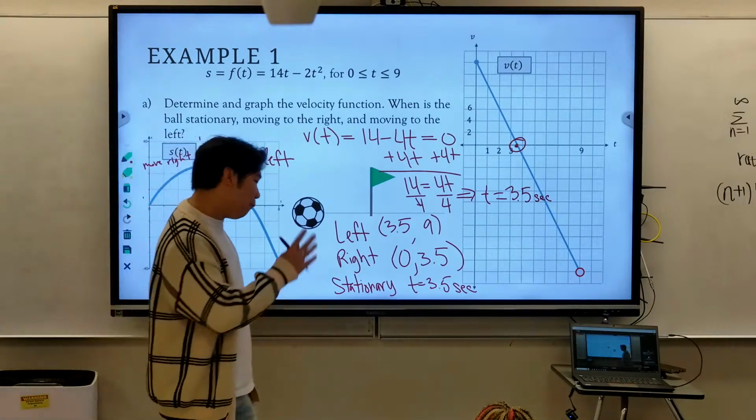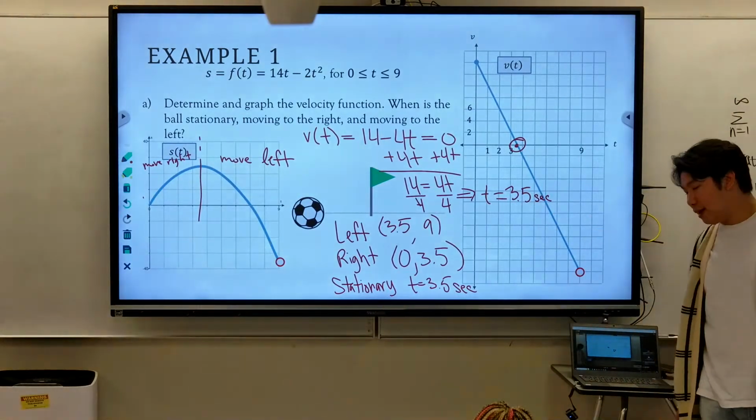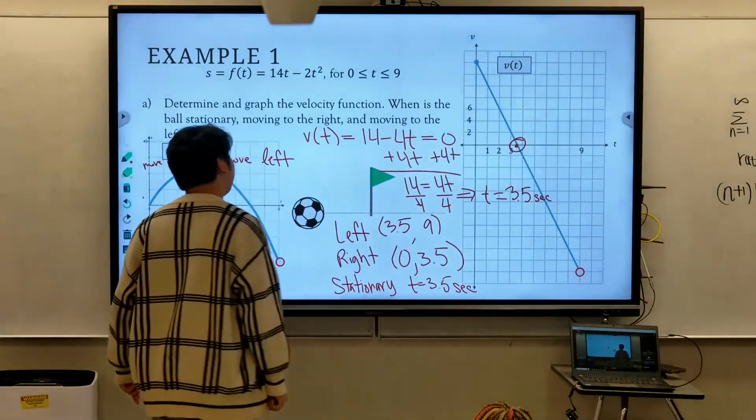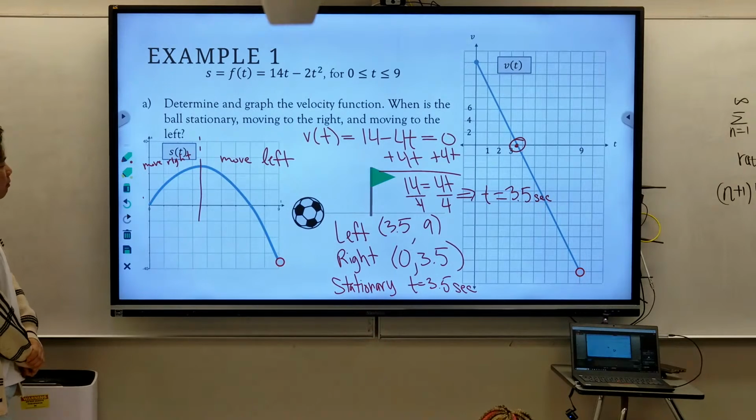You can imagine if I'm walking this way and I want to turn around, I have to take a very split-second pause to turn around. So we've worked with velocity, and now we can describe how a particle moves left or right. Yes.